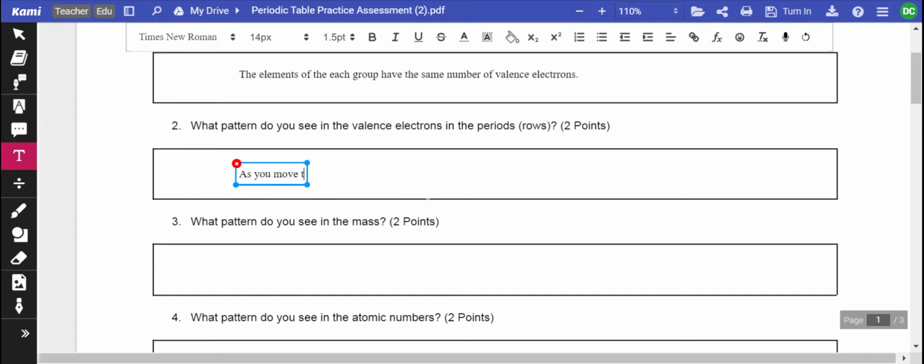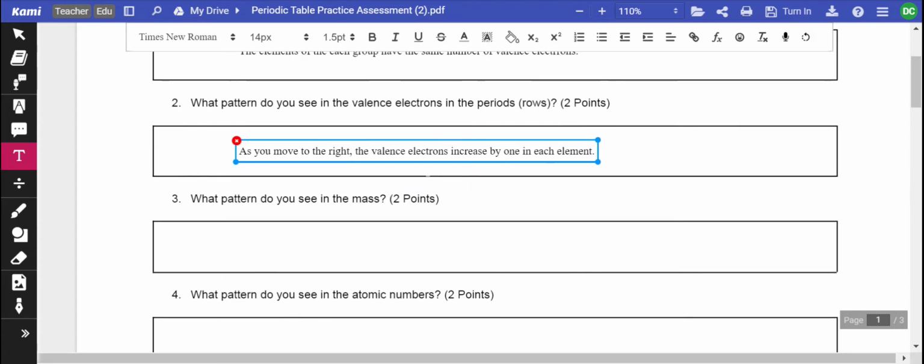As you move to the right, the valence electrons increase by 1 each column.